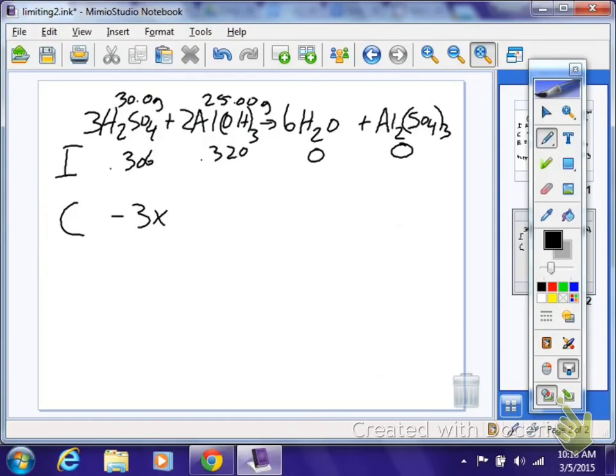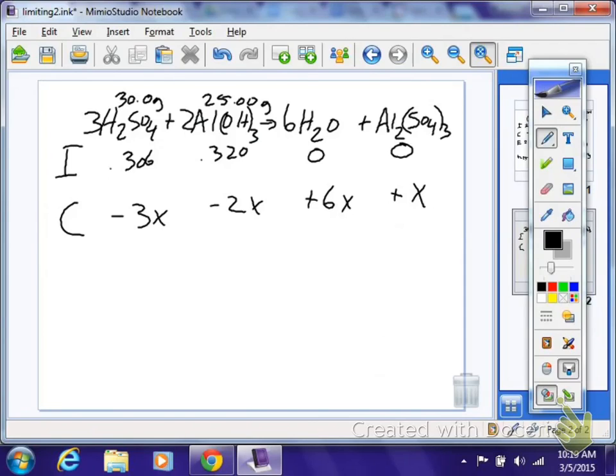Okay? So this is problem number 26 again that we're doing. Minus 3x, minus 2x, plus 6x, and then plus x. Okay? Questions on that? Okay?